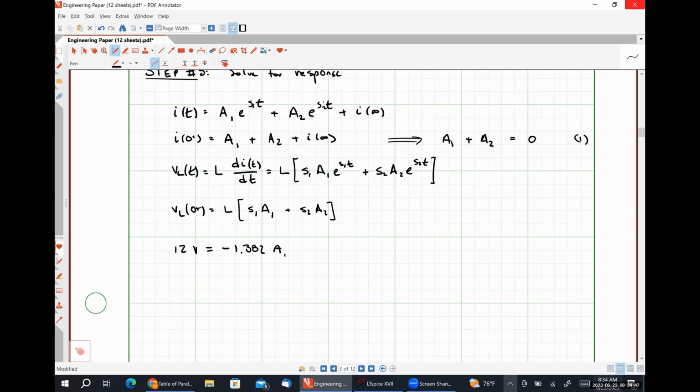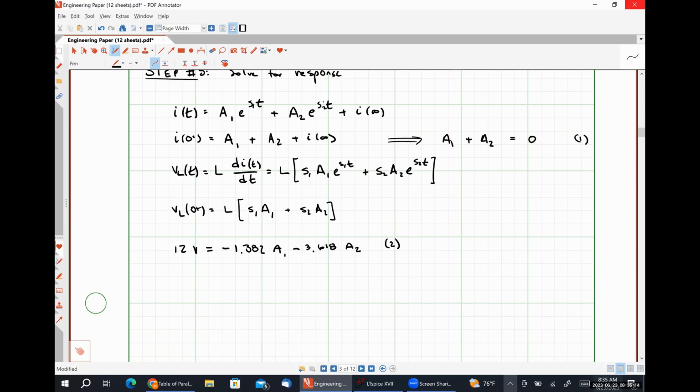And now I'm going to have L times S2. So that's 1/4 times what I had stored in my calculator as B, negative 3.618 and some change, A2. And this is my second relationship.